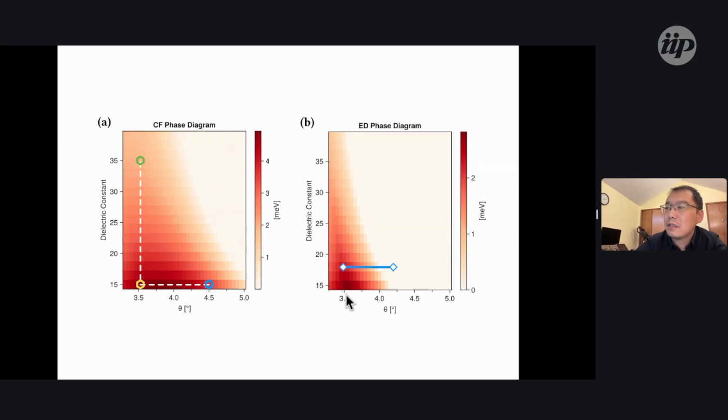For instance, the many-body gap is the largest at 3.5, and the highest value of the CF gap is also roughly here. And as you increase theta, the FCI will be destroyed. And here the same: if you increase theta, the CF gap will start decreasing.